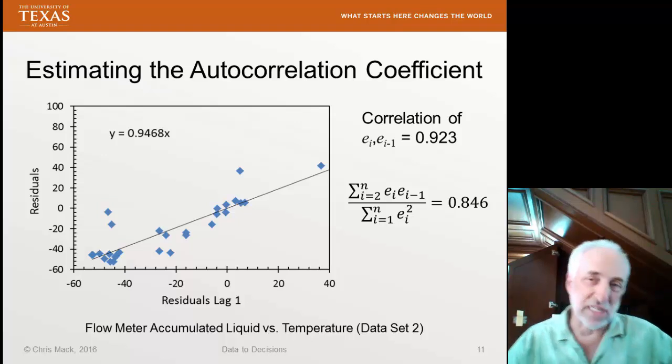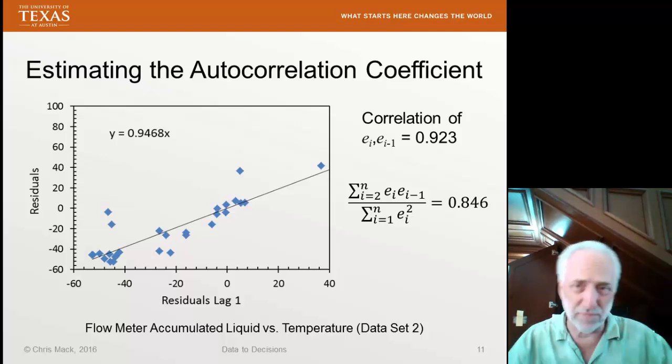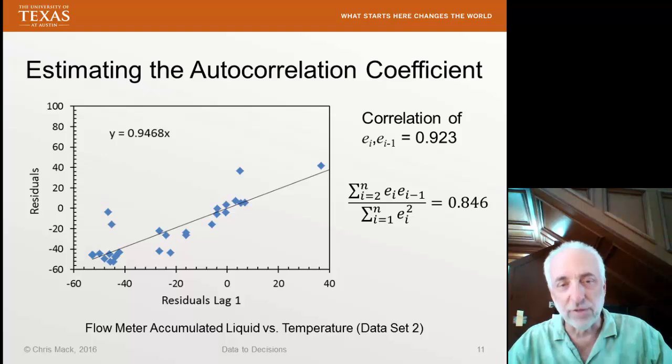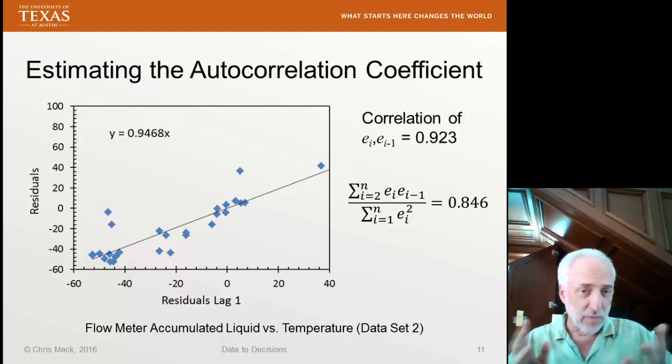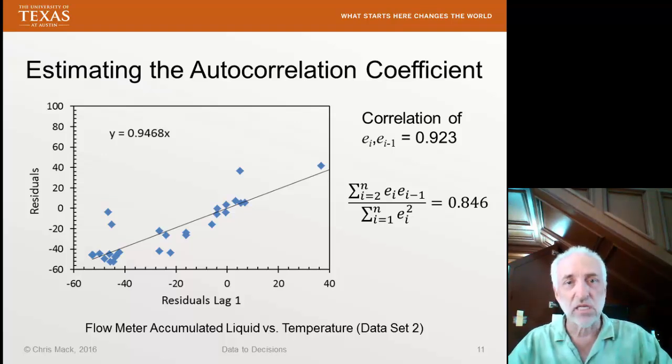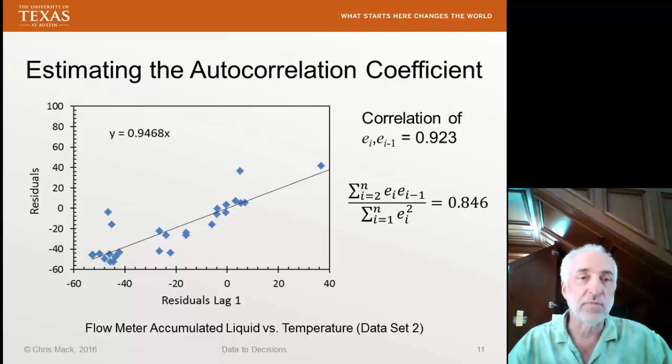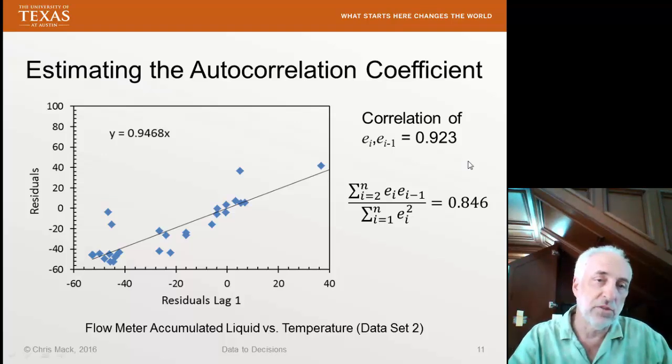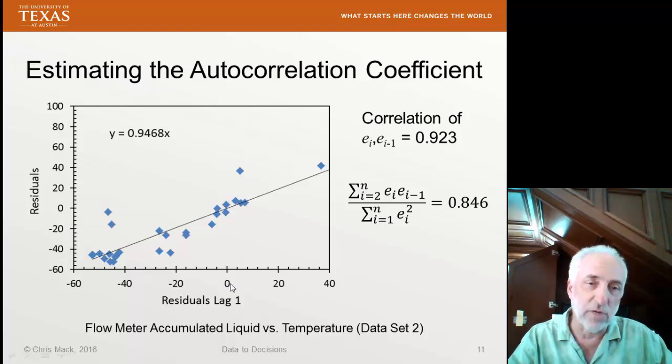Here's an example. All these things are very easy to calculate. We have built-in functions to do correlation coefficients and slopes and stuff. So here's an example. This is from some flow meter data we've looked at before. It's in dataset 2, which you'll find on the website of the course. We fit it to a model, and we got the residuals. Look at the residuals versus lag 1, and we see this correlated behavior. If I fit a straight line to the residuals versus the lag 1 residuals, I get a slope of 0.47.